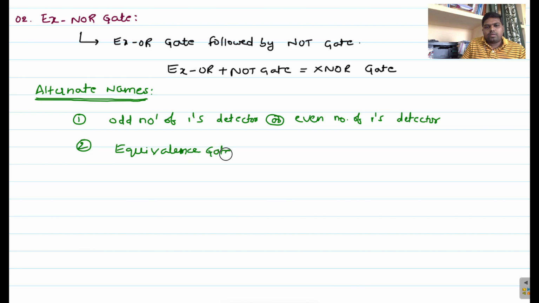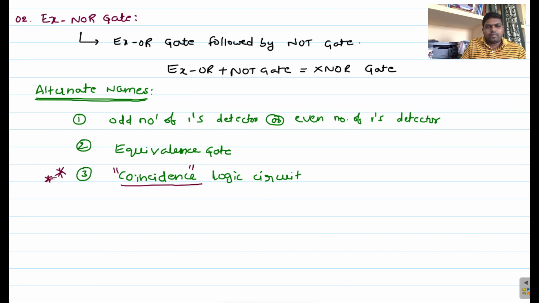And third one, coincidence logic circuit. This is very important. Coincidence logic circuit, otherwise coincidence gate.